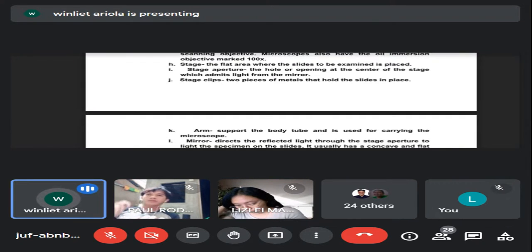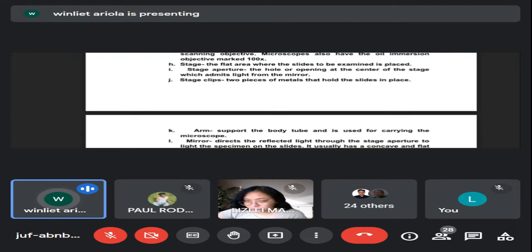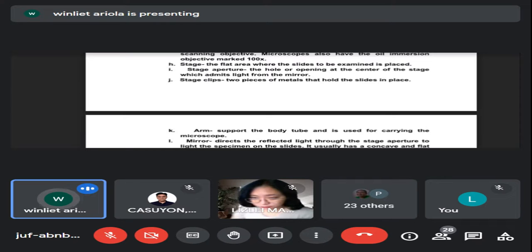So ito na yung hole na sinasabi ko, the hole or opening at the center of the stage which admits light from the mirror. So kung walang stage aperture, kung walang hole dyan sa center ng stage, so do you think makikita ninyo kung ano yung specimen ninyo? No, no? Kasi hindi magta-transmit ng light from the mirror to the lenses, to your ocular lens. So that is why it is also very important.